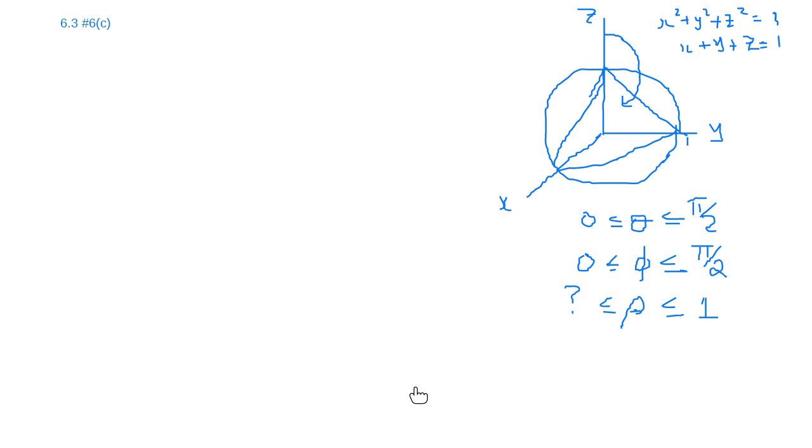What we need here is, where does it start? It starts on the plane, where you have x plus y plus z equals 1. You have to translate this equation, x plus y plus z equals 1, into spherical coordinates.